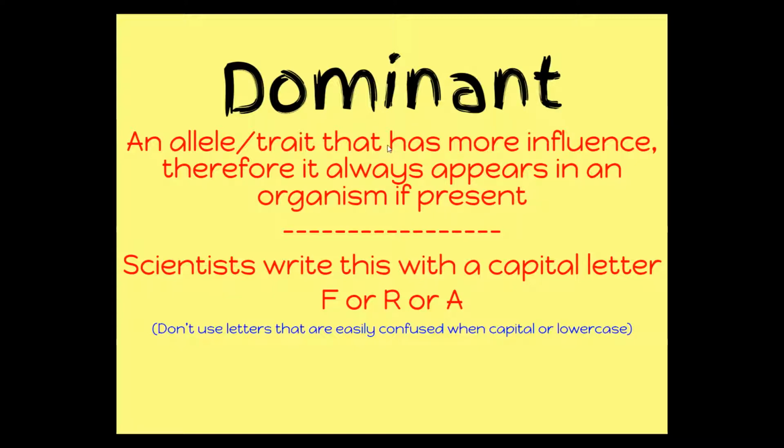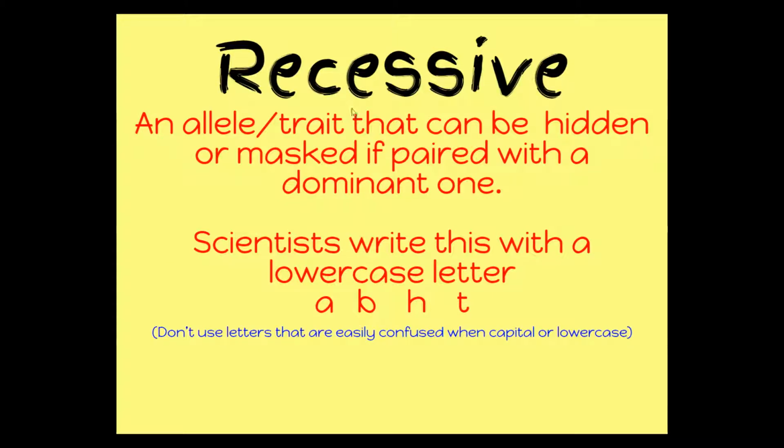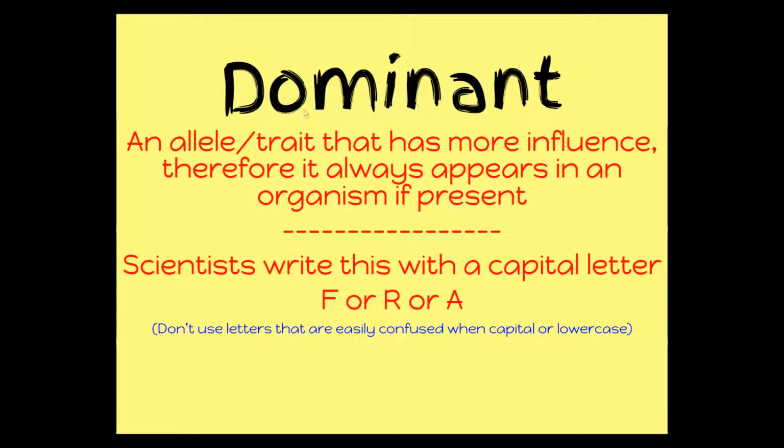Now, the word recessive is insinuating that it's going to be whispering. If a dominant gene is there, that gene is going to be determining what you have. So if brown hair is dominant, and the brown hair gene is present, you're going to have brown hair.